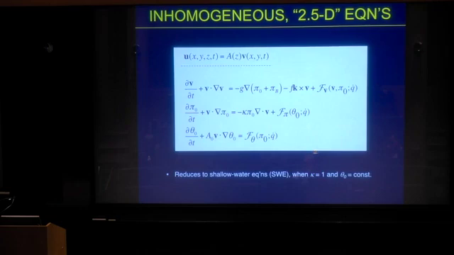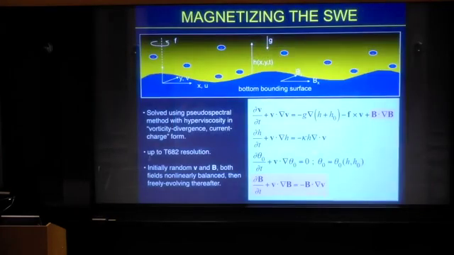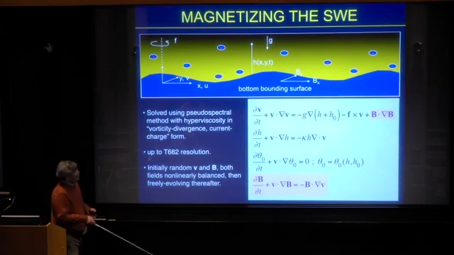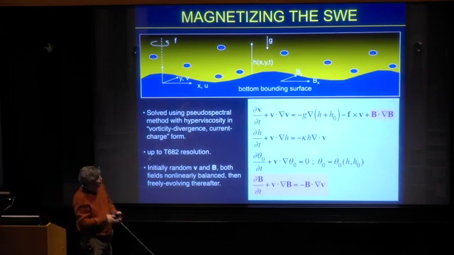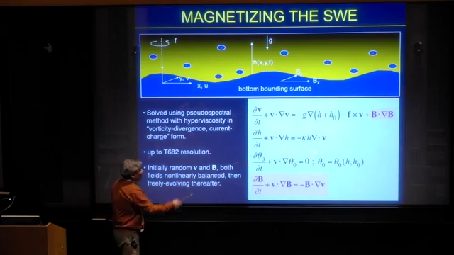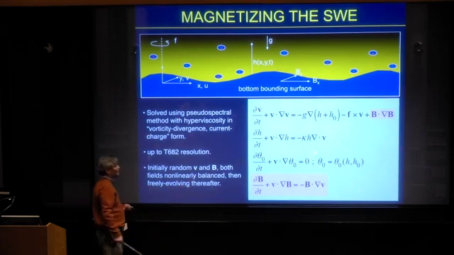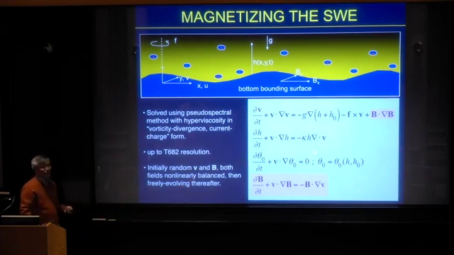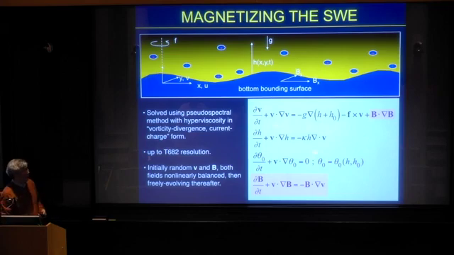Here, it's a slightly more generalized version of the common or traditional shallow water equations. Okay, so as I said, if you wanted to study the ionized layer, you add the Lorentz term and then the induction equation. So the set of equations that you ultimately want to solve looks like that.